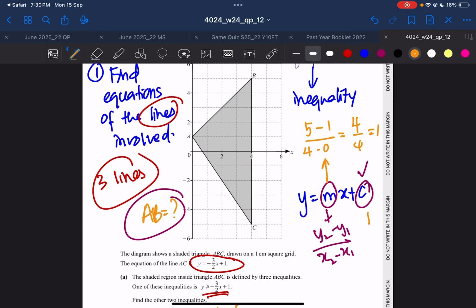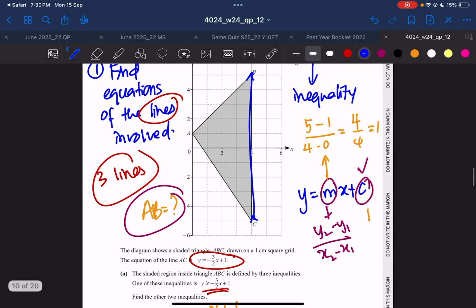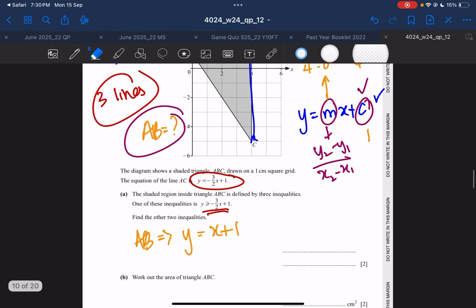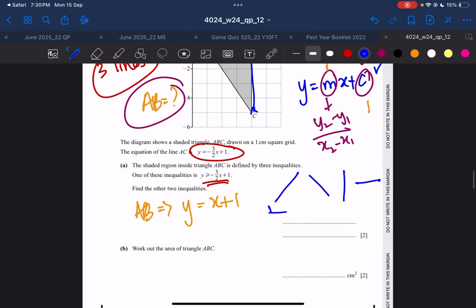And then let's do BC. Okay, so for our BC here, it's a straight line, it's a vertical line. Obviously, there's no c crossing the y-axis, and then the m is going to be different. So okay, special lines, we learned last time. There are 4 types of straight lines that we learn generally speaking.